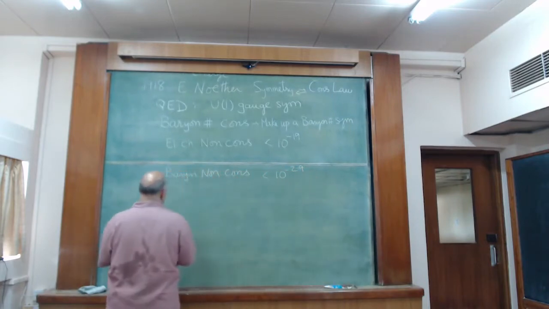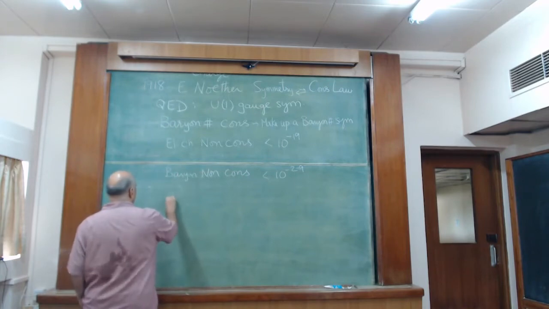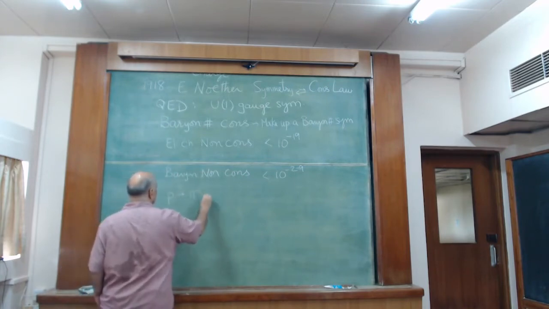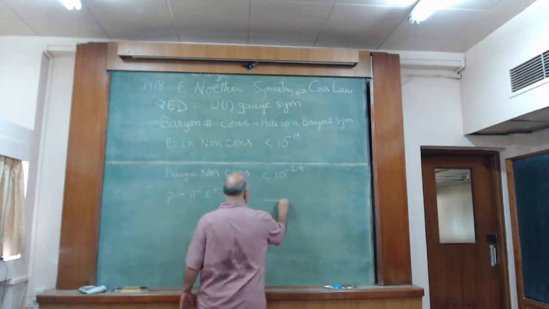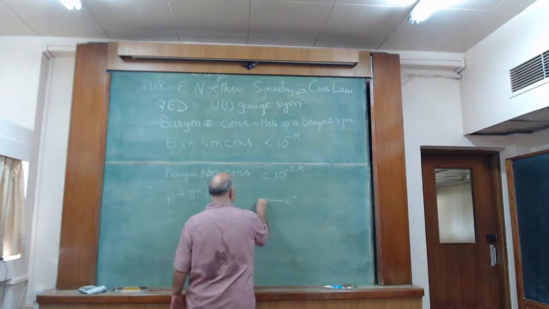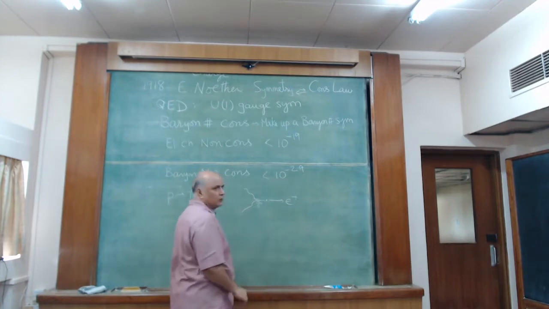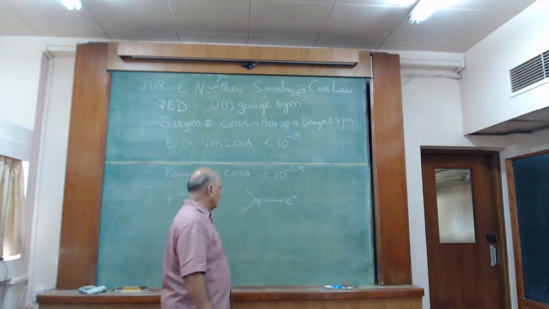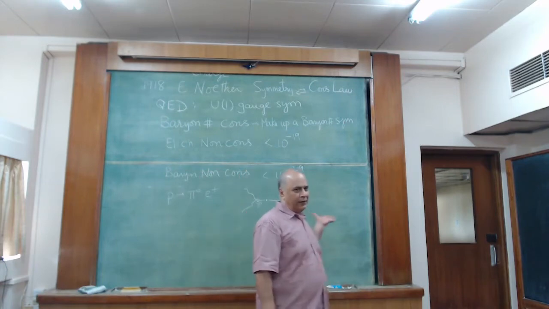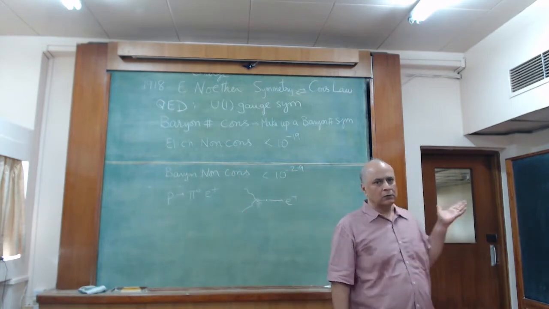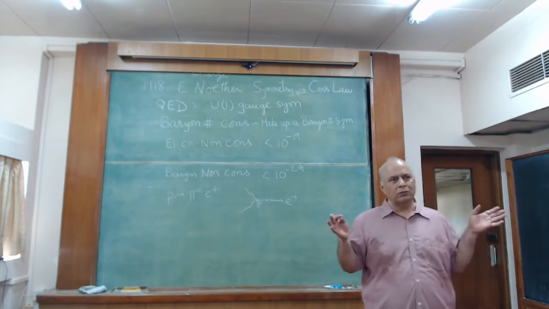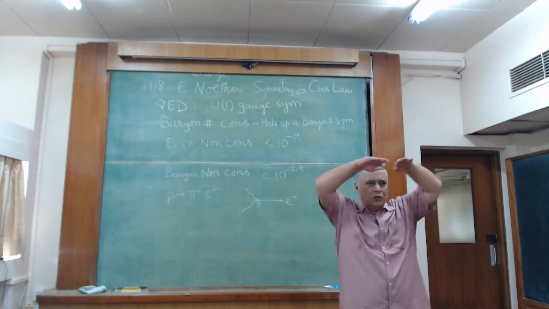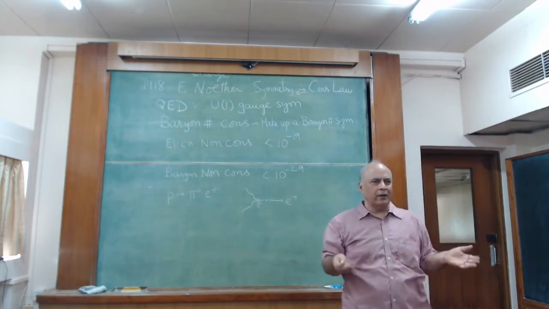so I have a proton, there is an E plus, there is a pi naught which decays into 2 photons. Now this proton can be anywhere in my detector, and as a rule of thumb, I can only instrument the outer part of the detector.